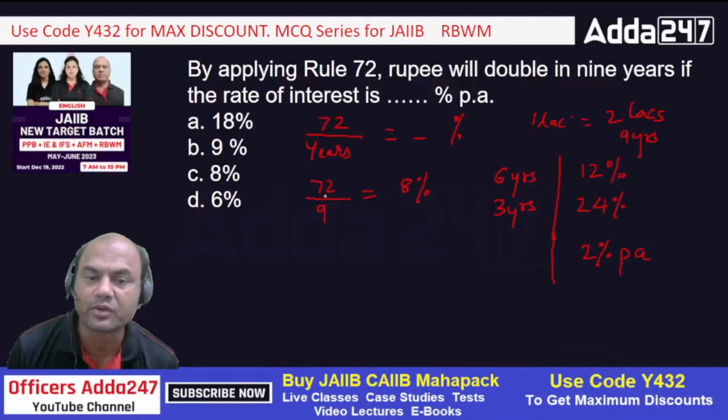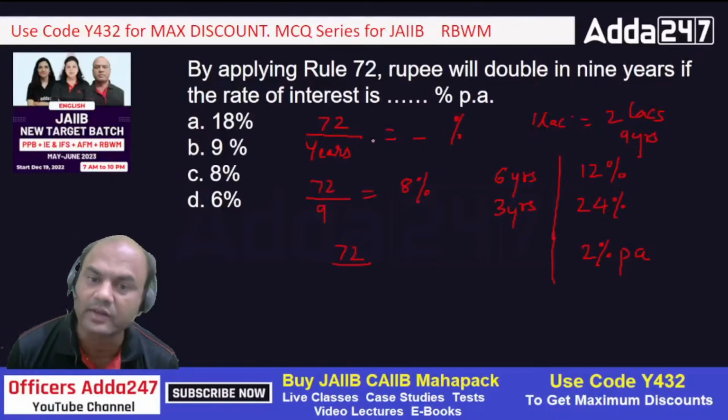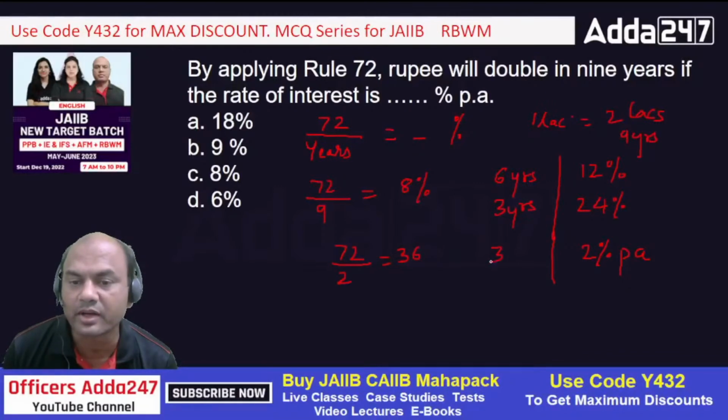Now you have to do the reverse thing. Earlier we divided 72 by years and got the percentage. Now divide 72 by the percentage and you will get years. So divide it by 2%, and you get 36 years. If you have a 2% rate of interest, your amount will get doubled in 36 years.